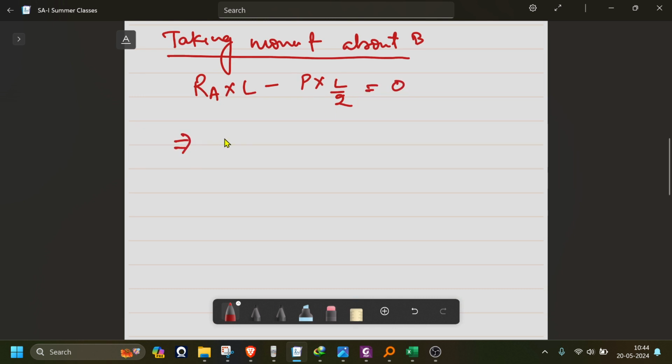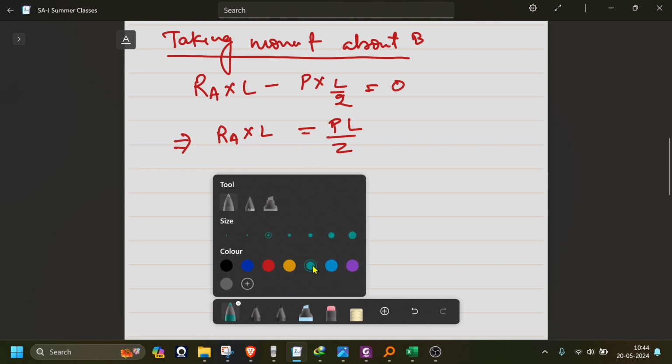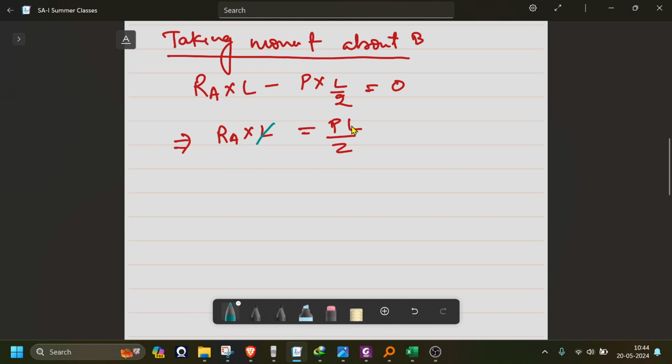So RA into L equals P into L by 2. I can cancel this L and this L. So this implies RA equals P by 2.